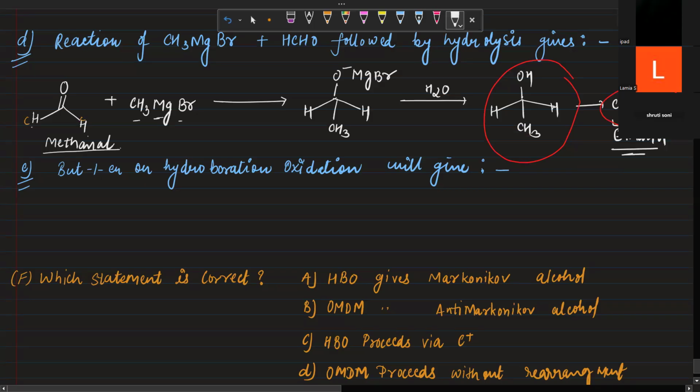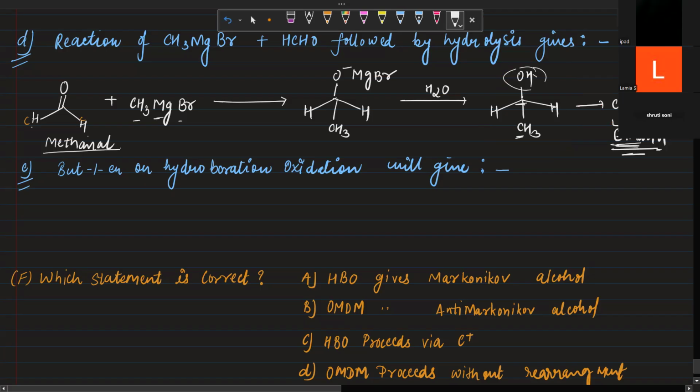No, this is also okay. How many carbons in this? One, two. Two carbons and one OH group, so ethanol. Sorry, my bad. I don't know why I copied down butanol. It should have been ethanol.